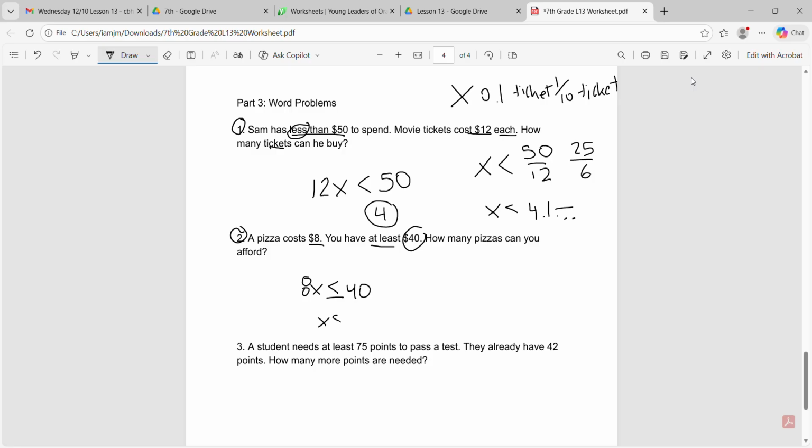So divide both sides by 8 and you get 40 over 8. 40 divided by 8 is 5. You can afford 5 pizzas.